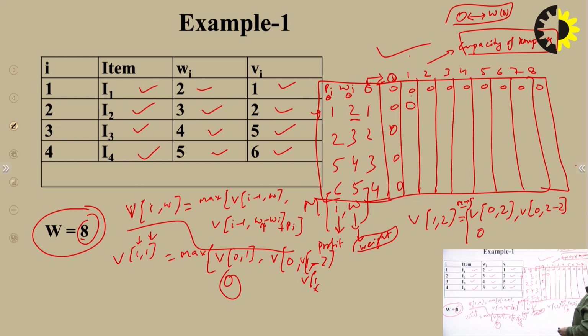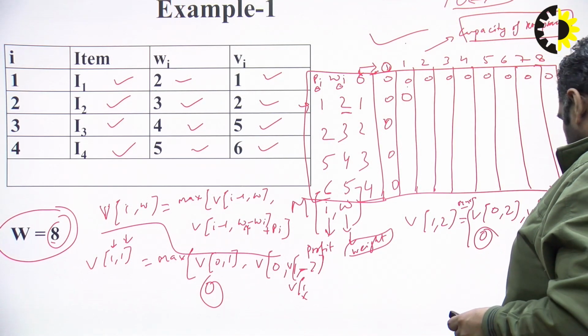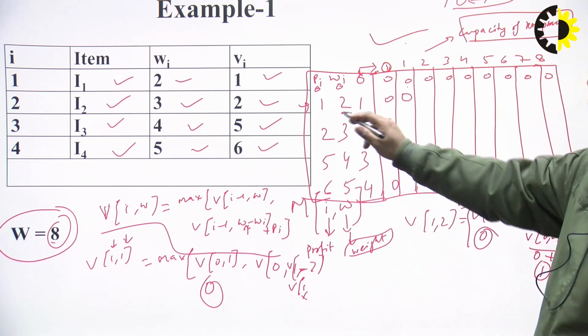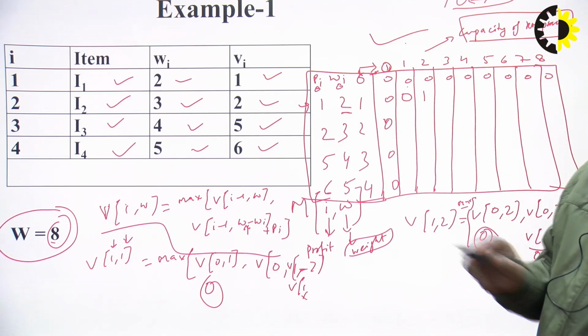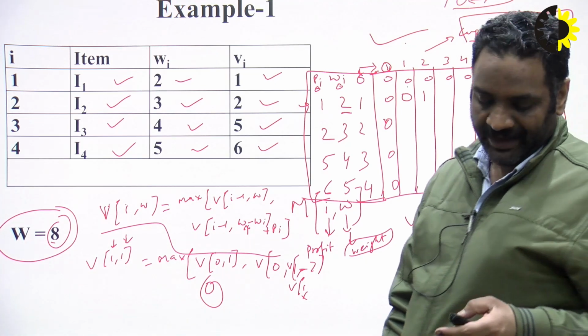So this is 0 plus P of I. P of I is 1. So this is 0 plus 1, which is 1. So this value is 0 and this is 1. Which is maximum? Obviously 1 is maximum. So this entry will be 1. In the same way, we are filling all the values like this one.